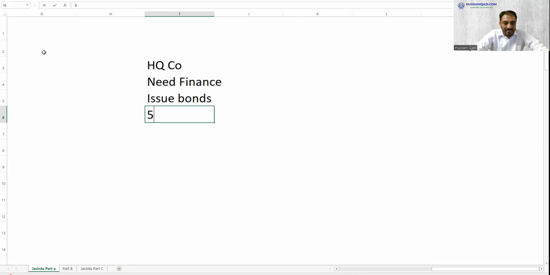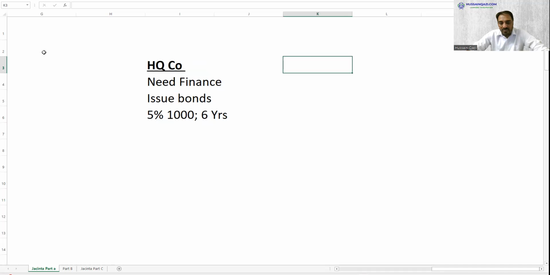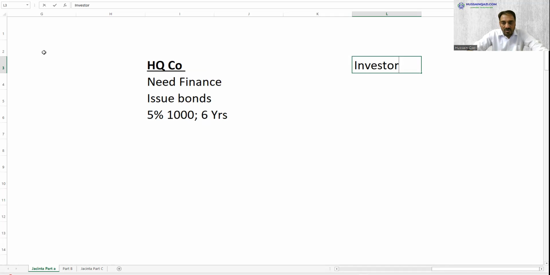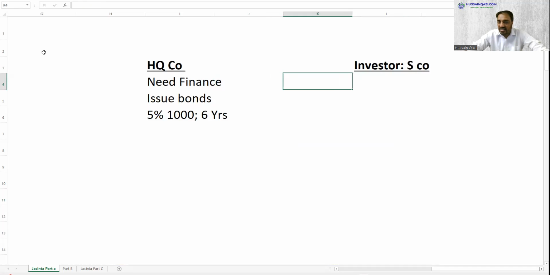For example, 5% bonds, 1,000, for a time period of, let's suppose, 6 years. So one of the investors, for example, S company, has decided to invest in or purchase these bonds.